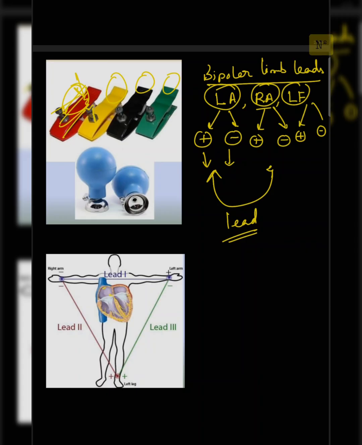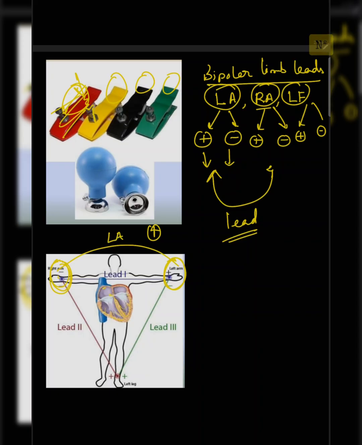If, in a certain situation, you are going to use these two clips as the sensor, connecting these two clips together, the machine uses a galvanic instrument to detect the volt between this end and this end, the right arm and left arm.